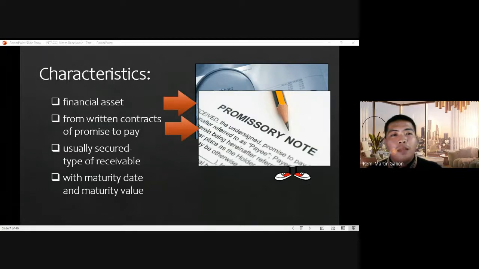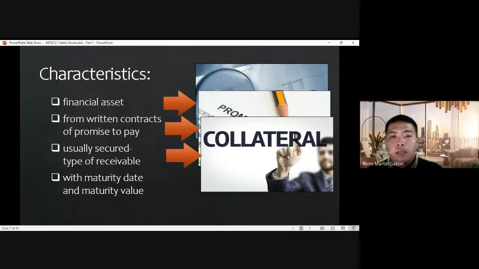Yun. So from written contracts of promise to pay to the presence of promissory note. Usually it is a secured type of receivable because commonly, say for example, the loan may be associated with the issuance of promissory note also, and collaterals or security will be served to secure the loan.